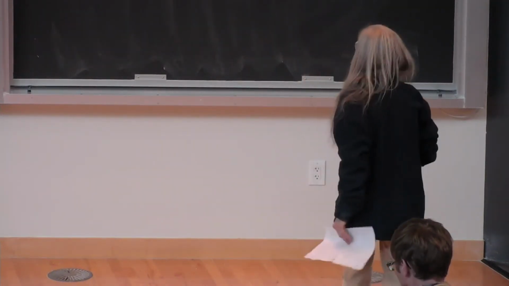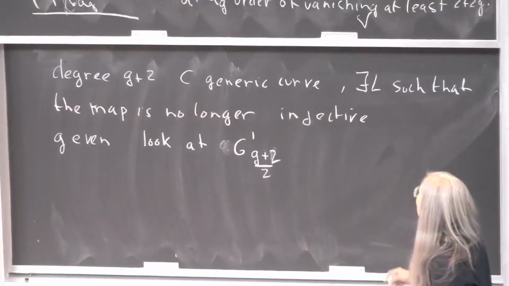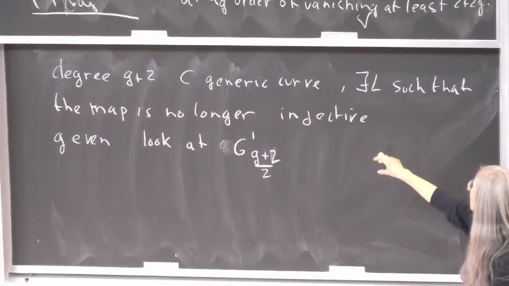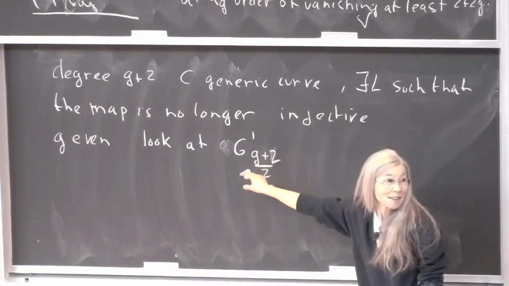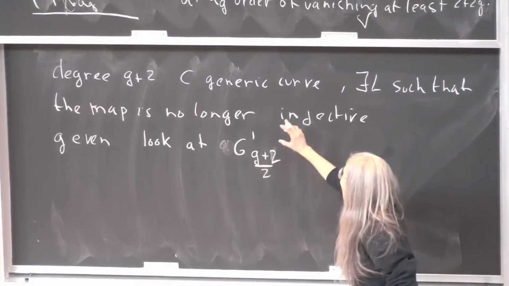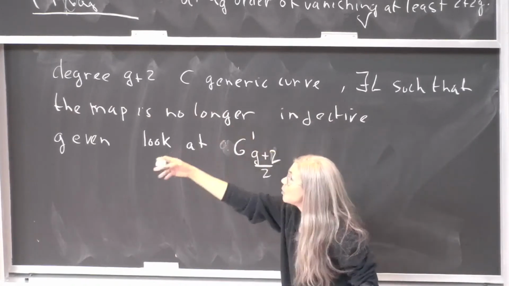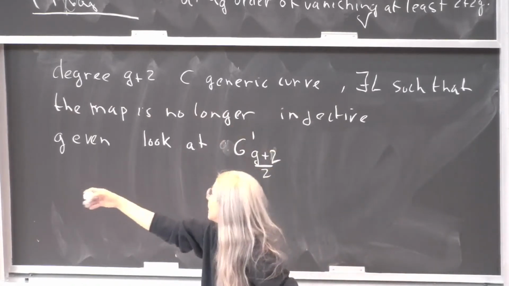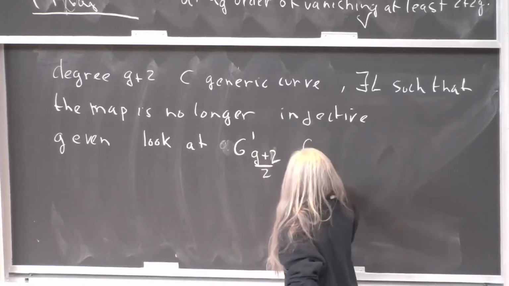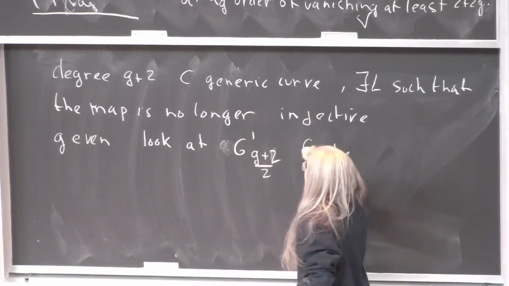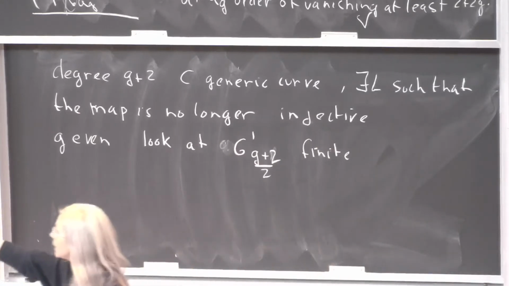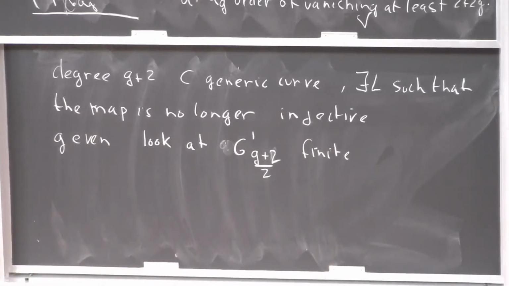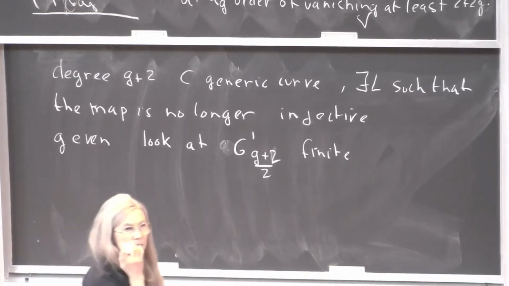Okay? All right. So let me continue with that. I have a generic curve of even genus, so that this is an integer. And now, if you compute the number over there, you are going to find that this is non-empty, and that it's finite. Finite, and finite is not just one point, but it has plenty of things, like the many different ways in which you can fill these boxes.